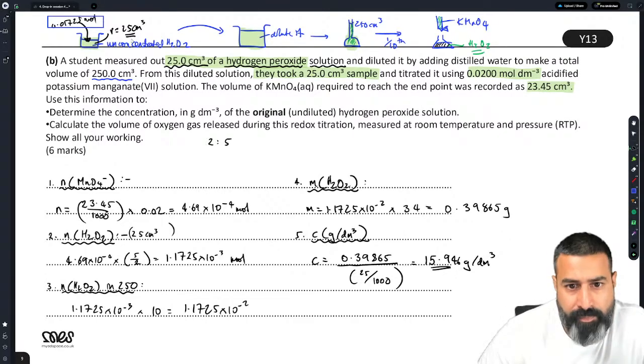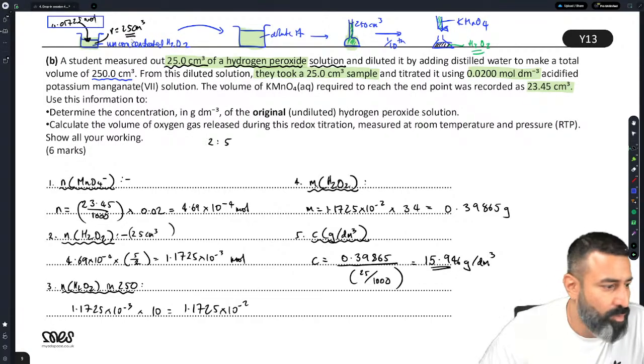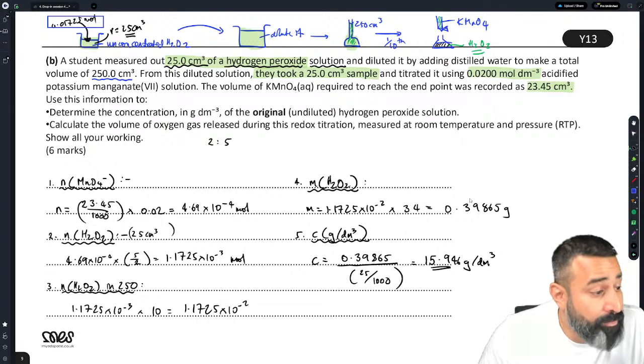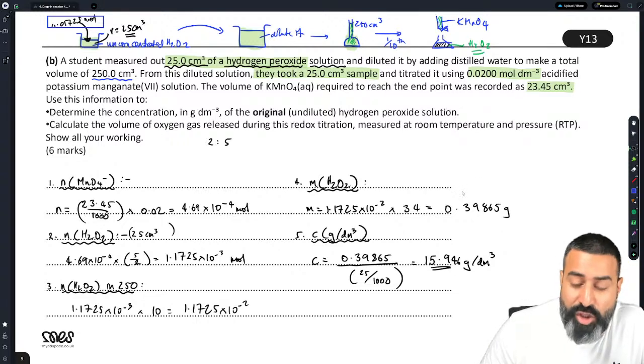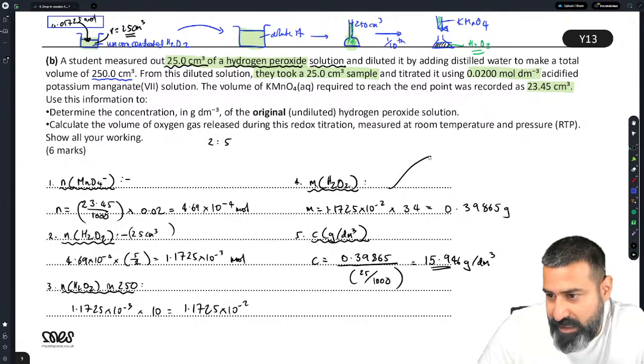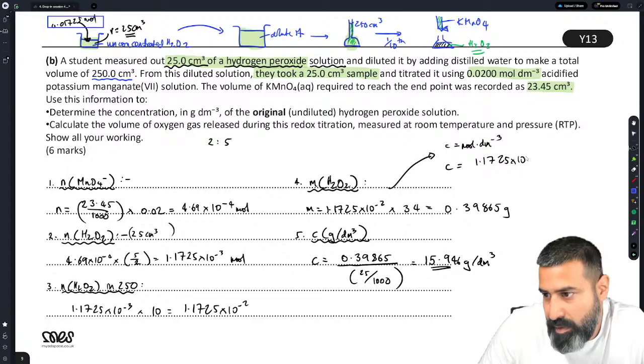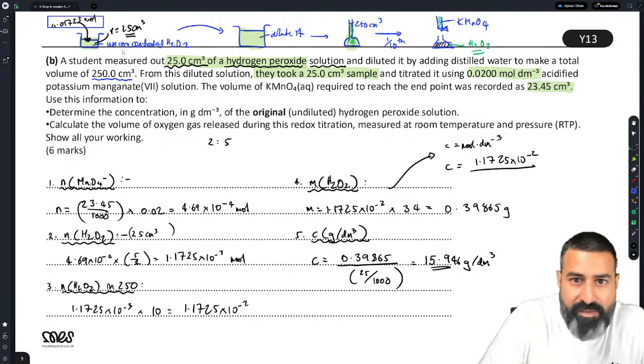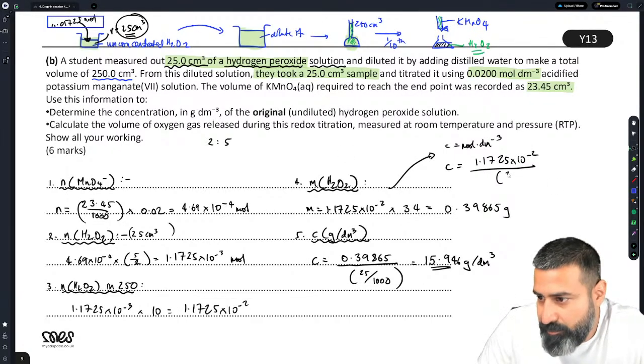So then, we actually haven't finished. This was a whopping 6 marks. So then I need to work out what? Yeah, moles per decimeter cubed or grams per decimeter cubed can be either. In fact, what would the moles per decimeter cubed be? So the concentration in moles per decimeter cubed would be the number of moles that we had divided by this volume, which was 25 centimeters cubed.